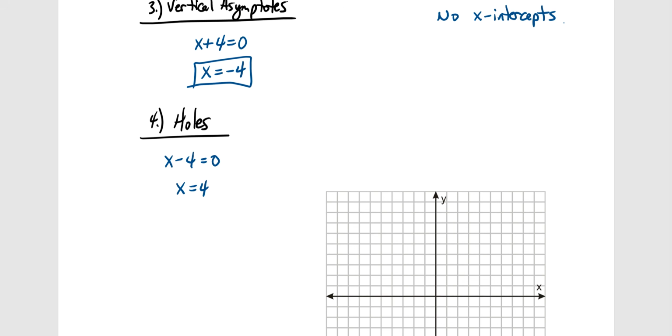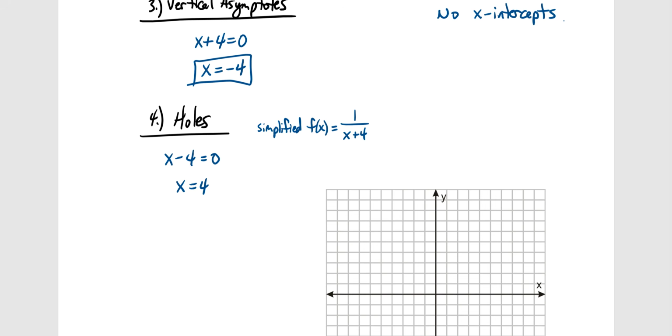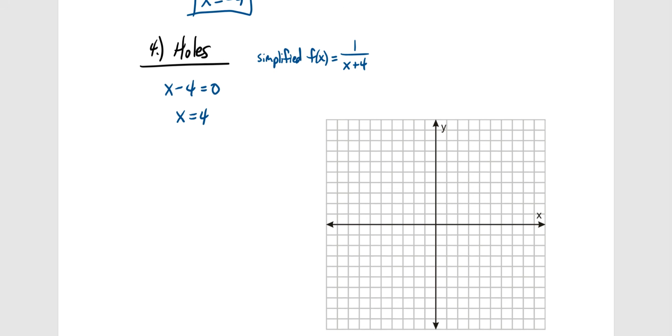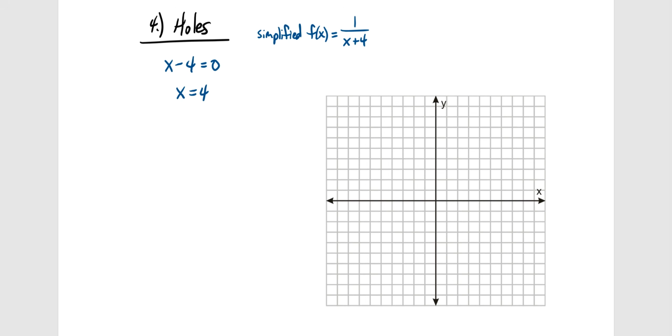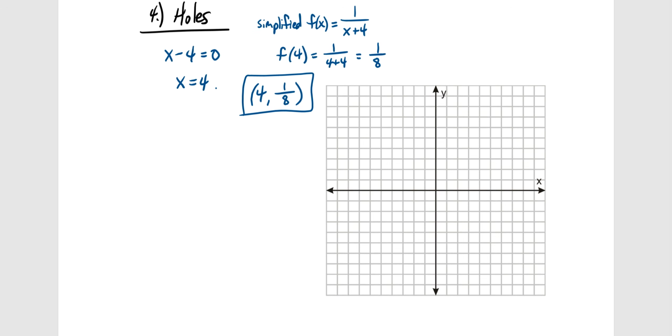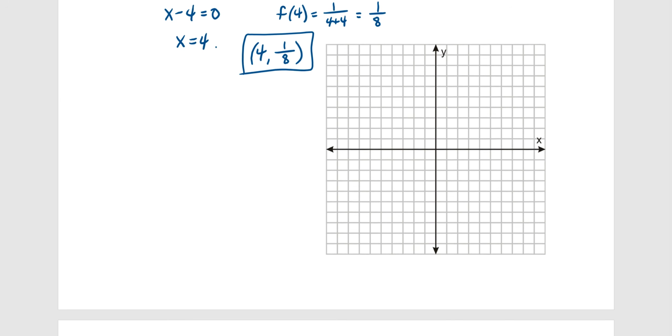And just like last time, I'm going to plug this into the simplified version of the function to find its y-coordinate. So we're going to plug that into 1 over x plus 4, so f of 4 is going to be 1 over 4 plus 4, which gives us 1 over 8. So that's the xy ordered pair for the hole, 4 comma 1/8.